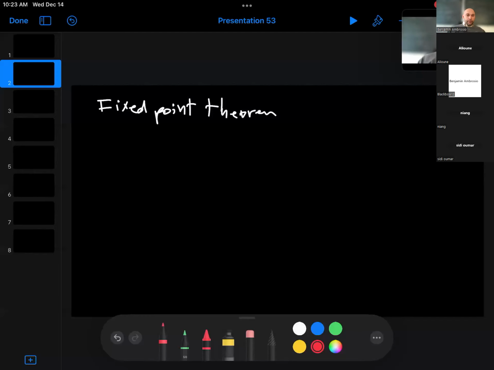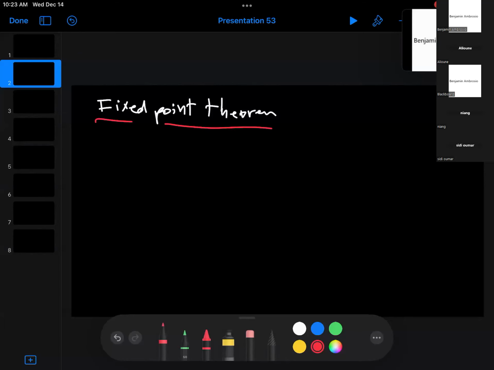So let's first deal with the fixed point theorem for contractions. So I recall here the assumptions.